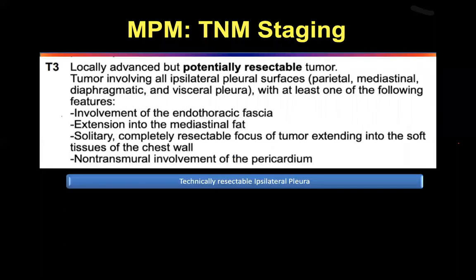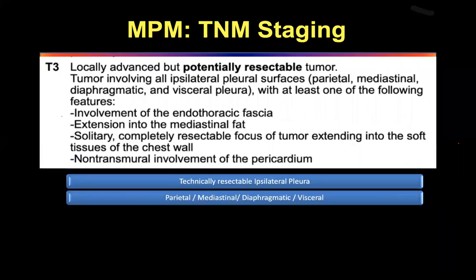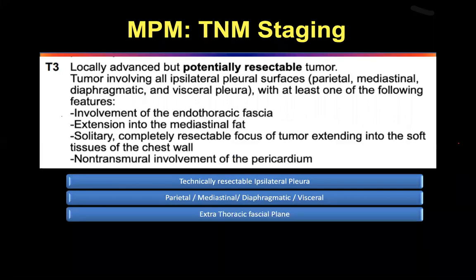T3 is technically a potentially resectable tumor, which is involving the pleural surfaces, all 4 surfaces or any of the 4 surfaces. But more importantly, at least one of these features has to be positive for it to be T3. That means it has gone beyond the chest.